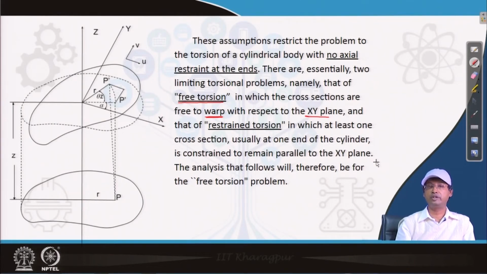Even in the case we discussed for the circular, the figure I have drawn in the last slide, it is not like that. No part, even this plane as well as this plane, no plane is restricted to deform out of the plane or the xy plane. Here with respect to the xy, it is quite clear.